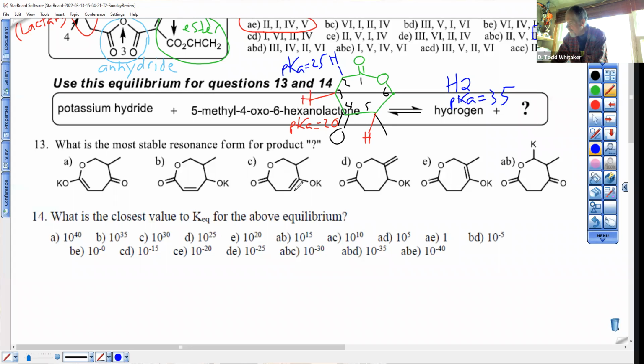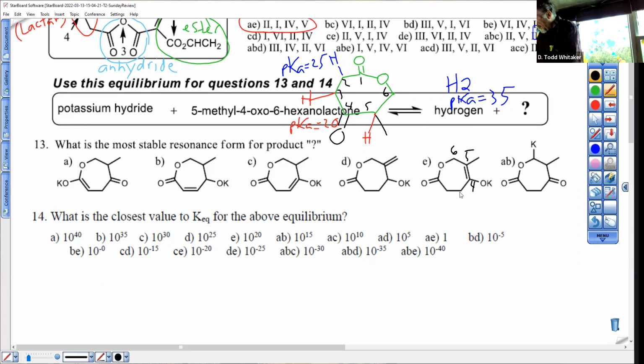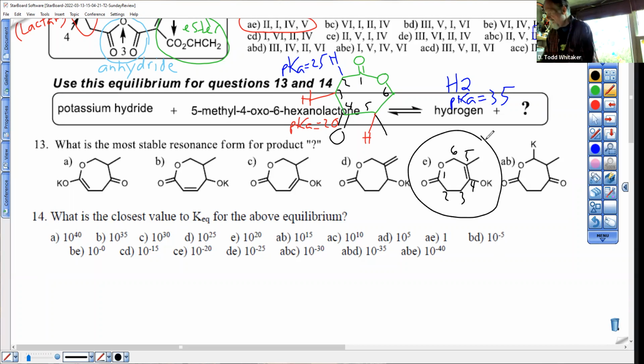Where's the one with the double bond towards the methyl? It's this one. And there'd be a CH2, 6. You're having trouble? You need the numbers? Here they are. 6, 5, 4, 3, 2, 1. That's our guide. pKa 20, more substituted double bond, has both.